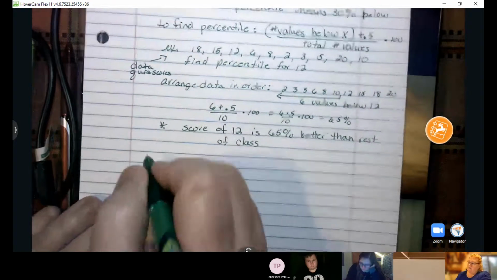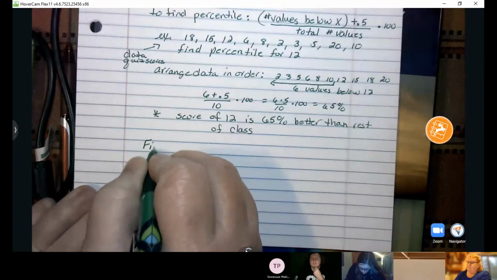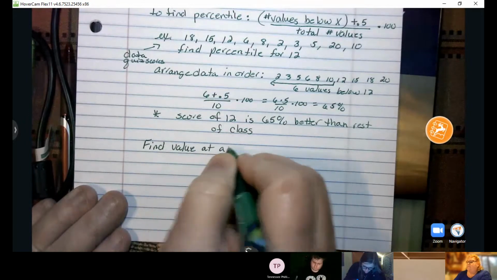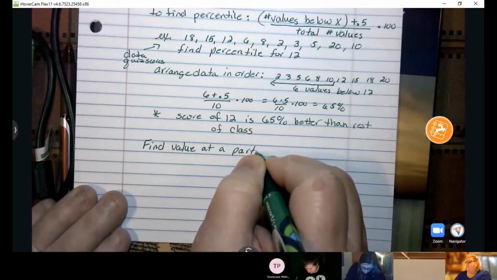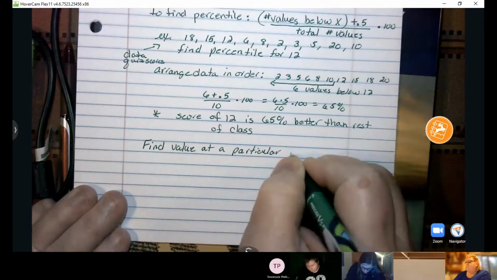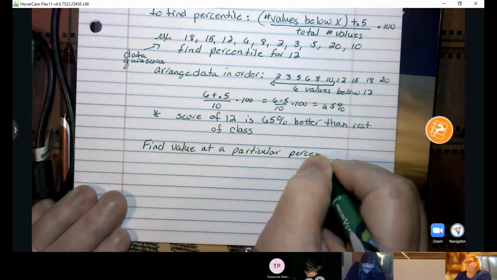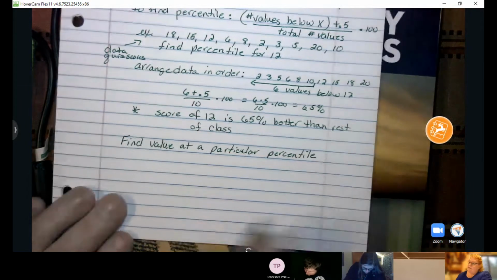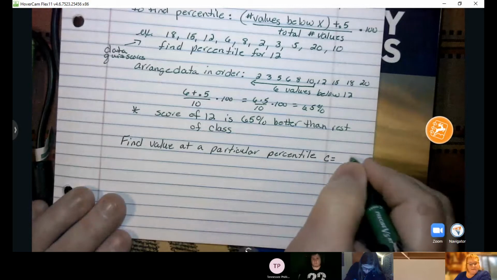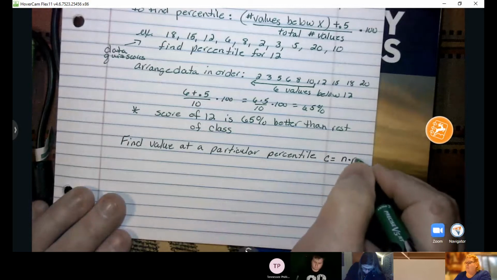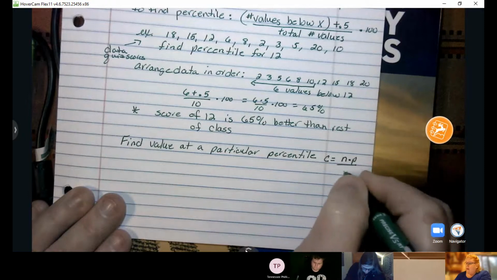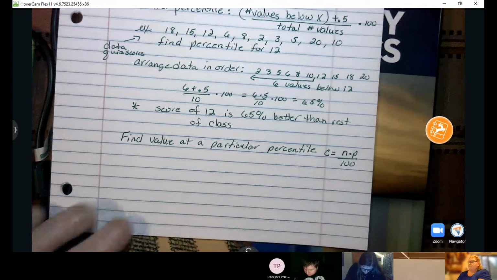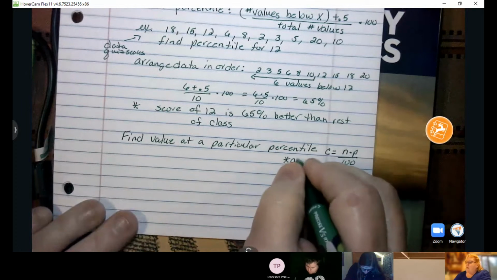So that calculation is done by N times P divided by 100. And we want to remember to always round up.